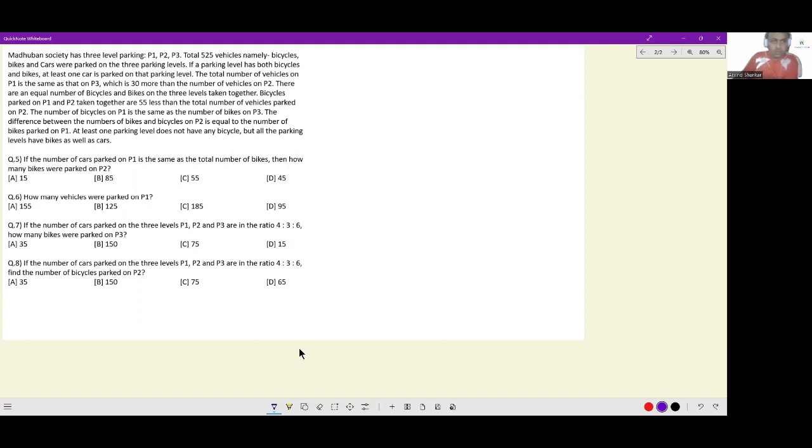Okay. So based on this, so far, there are 3 parking levels, P1, P2, and P3. And we have bicycles, we have bikes, and we have cars.